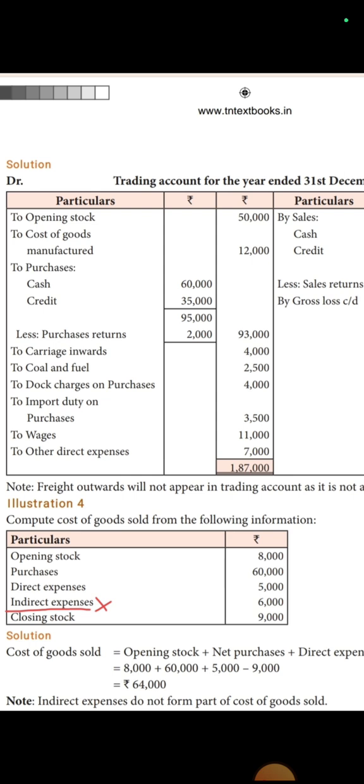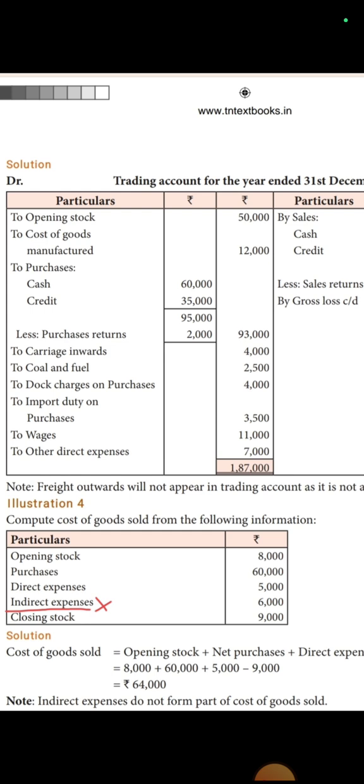This is the format of the trading account. What they asked here is to find the cost of goods sold. Listen, cost of goods sold is not the same as sales. So you must know what is meant by sales and what is meant by cost of goods sold.